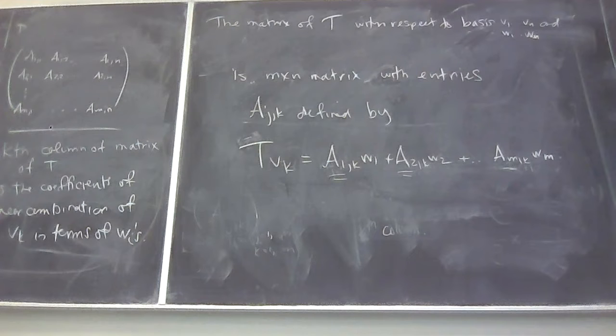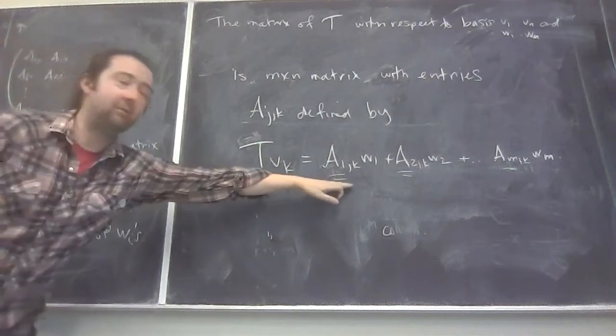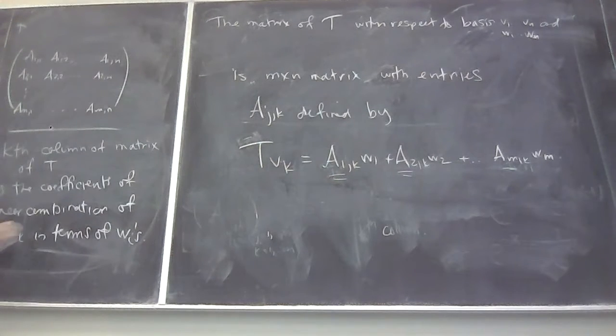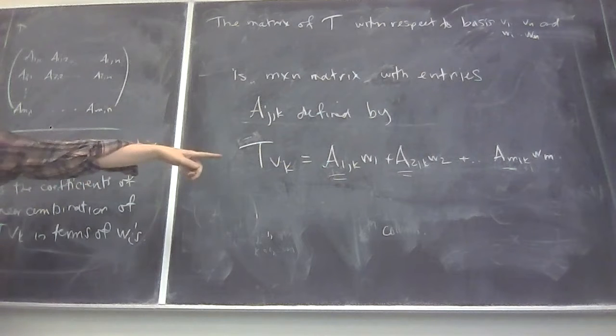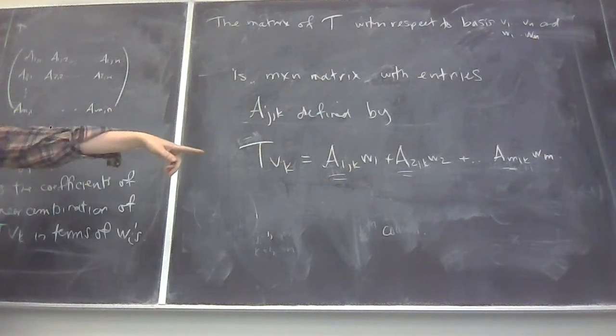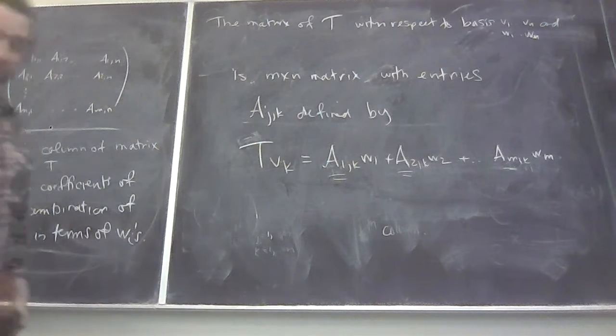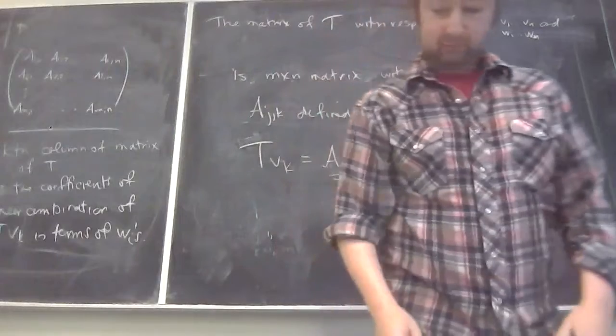How's that for a mouthful? The kth column of this matrix is the coefficients of the linear combination of T of Vk in terms of the output basis W1 through Wm. So let's write one down, because that seems really hopelessly vague, if you guys want.